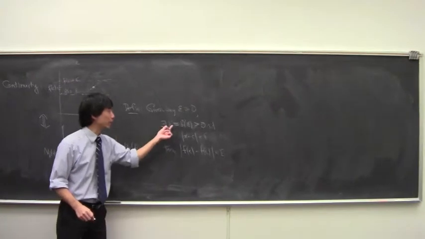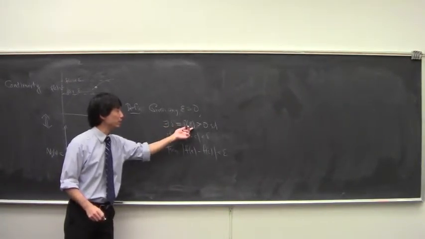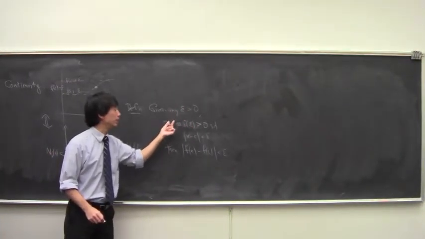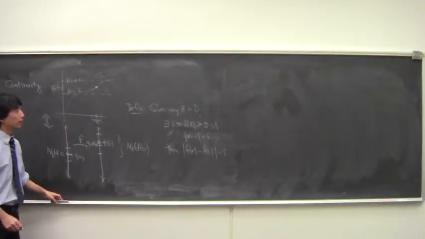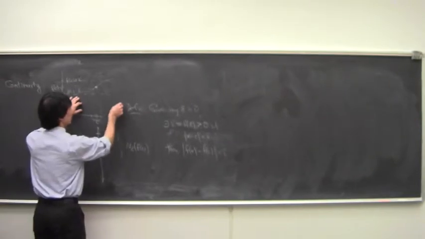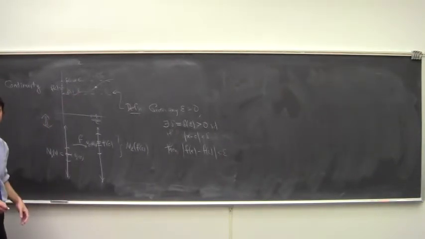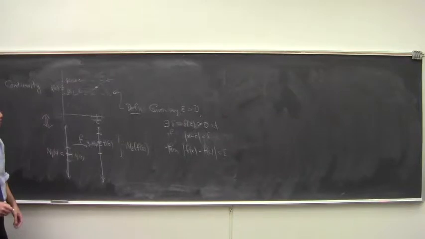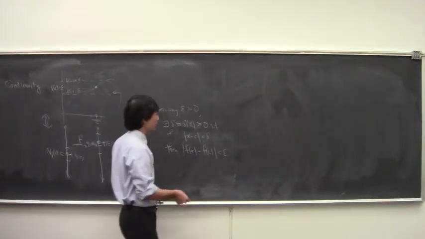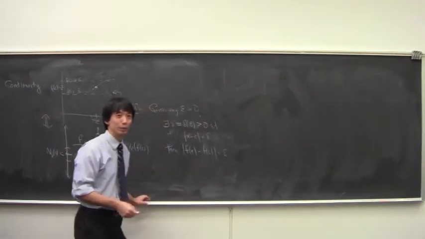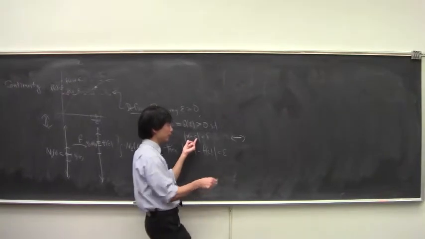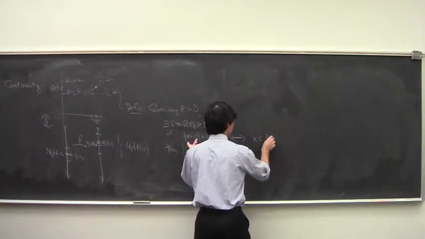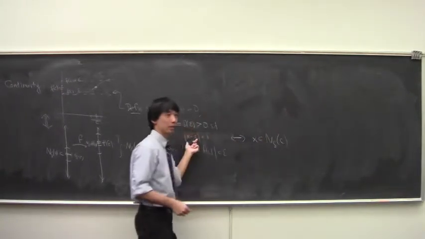Right, and sometimes people write delta and make the dependence on epsilon clear. This delta will change as the epsilon changes. So this is sort of corresponding to the upper picture. But you see, the upper picture and the lower picture are the same thing, because to say |x - c| < delta means that x lies in the delta neighborhood of c.